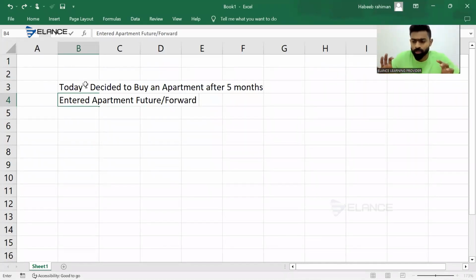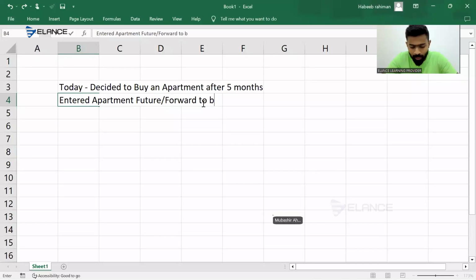Both make our results in what position? Whether it is a future or forward, please do comment. In a locked position, right? So we entered into an apartment future or forward contract to buy.